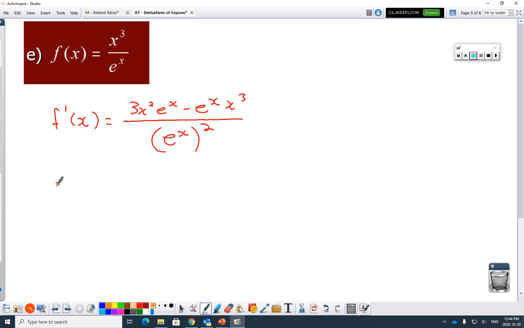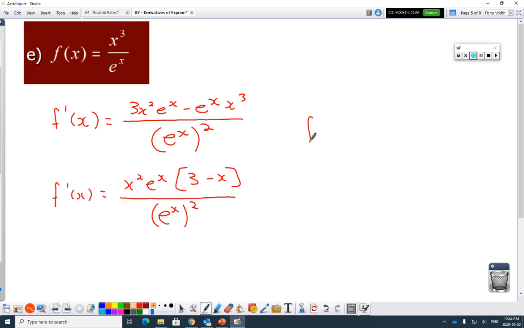Some common factoring, and then some canceling. Do you see the cancellation there? An e to the x on the top, e to the x squared on the bottom. So one of the e to the x's goes.